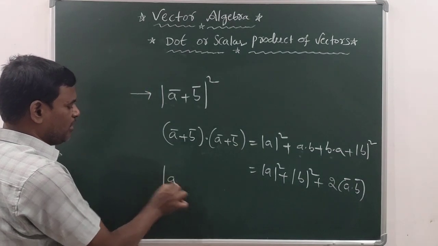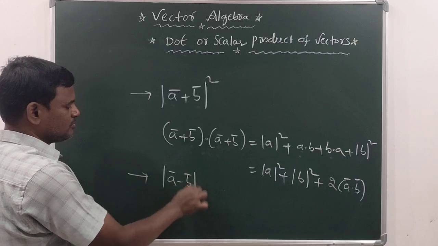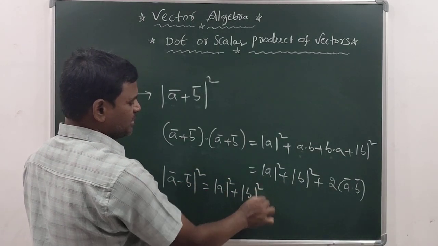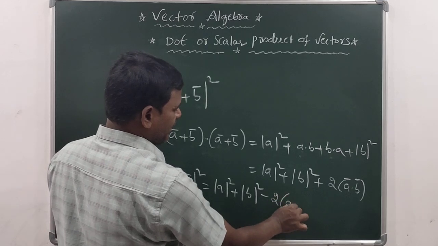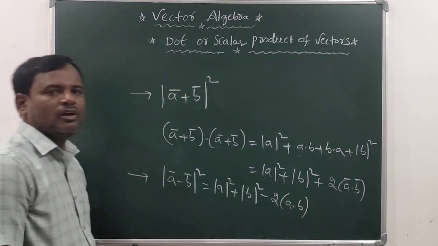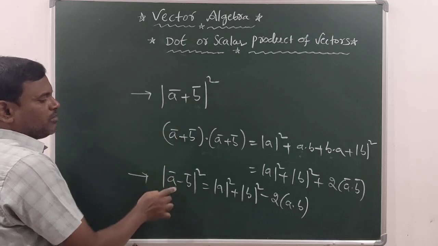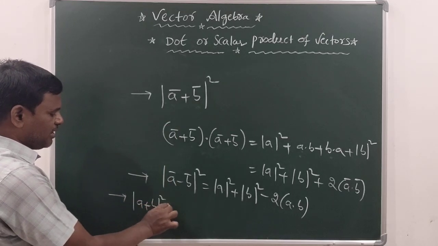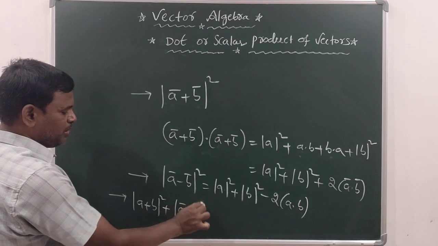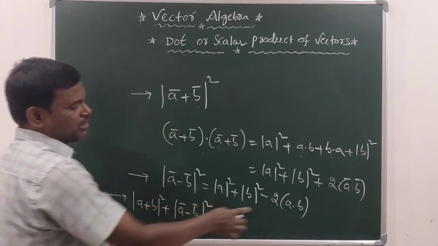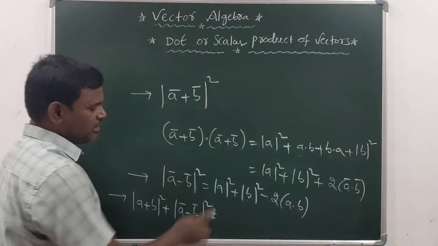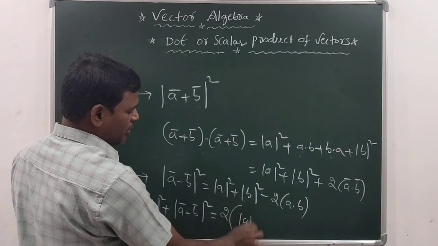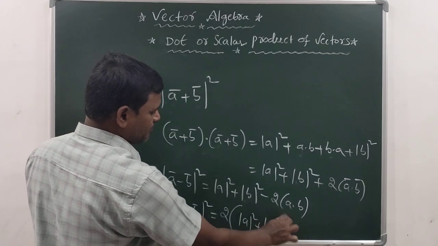In the same manner, if you want the difference, you can write mod A square plus mod B square minus 2 into A dot B. Now add both of them. If you add both of them, what do you get? Mod of A plus B whole square and mod of A minus B whole square. If you add both of them, this negative part and positive part cancel. Take 2 common: mod A square plus mod B square.